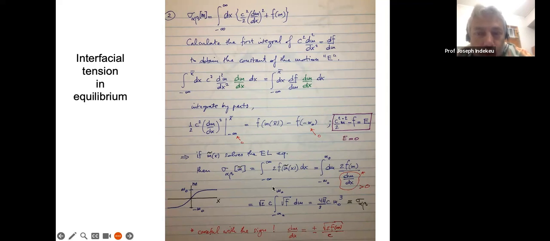And so the integral to which this amounts is 2f integrated over x, and this equals 2f divided by dm dx if we change the integration variable from dx to dm. Okay. So this integral is now relatively easy because we only need to integrate the square root of this function f, which is a function of m, between minus m0 and plus m0.